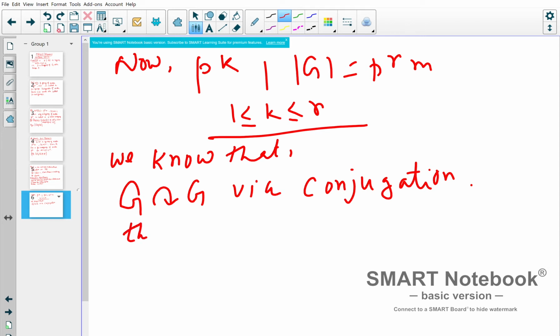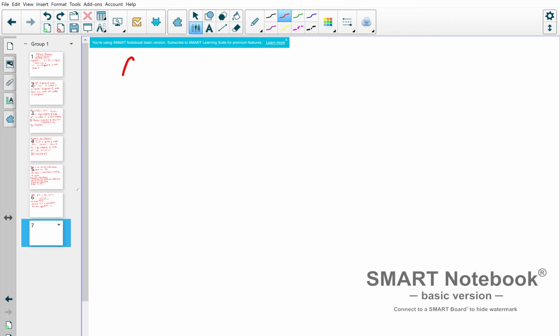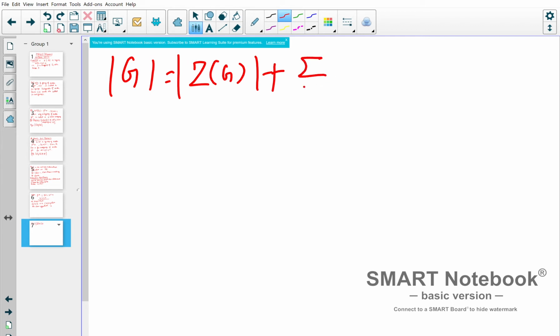The class equation is: order of the group G equals the order of the center of G plus the sum over all representatives g, star, such that the centralizer of g is not equal to G, of the order of G divided by the order of the centralizer of g.